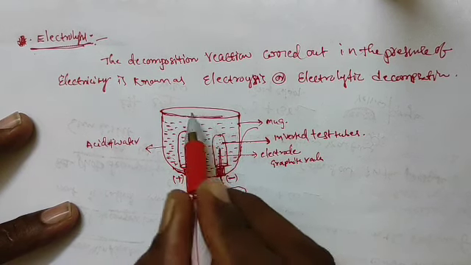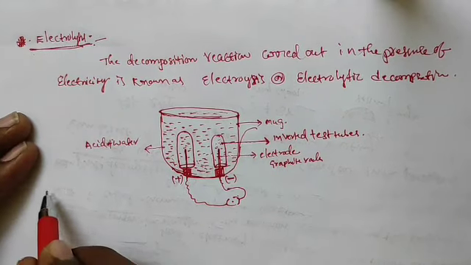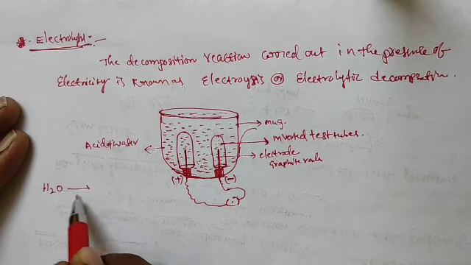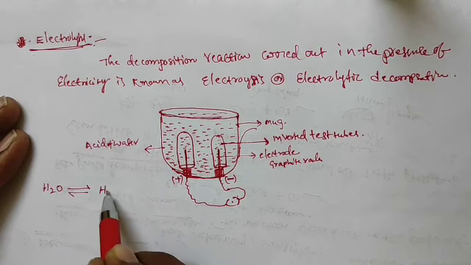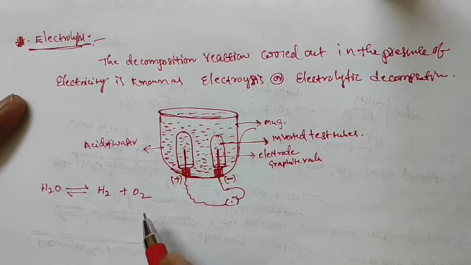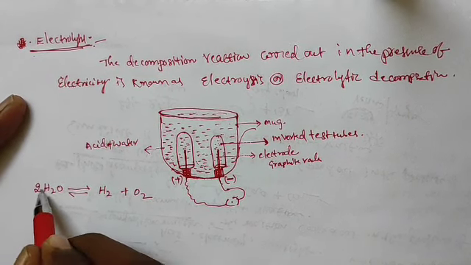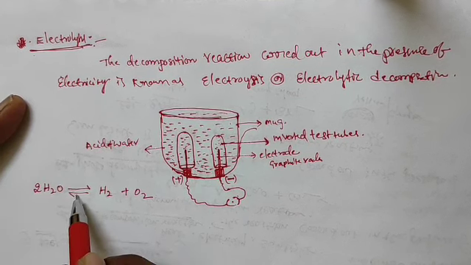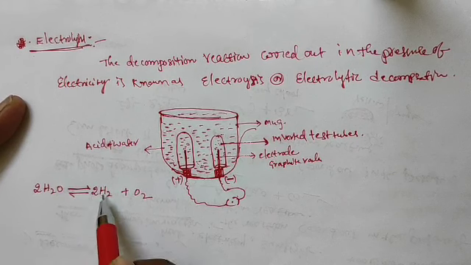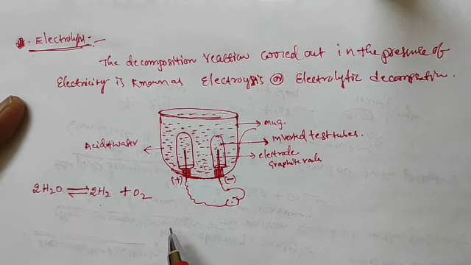That means water decomposes into H2 and O2 gas. Here balance the equation: 2H2O, 2 moles of water molecule decomposes, we will get 2 moles hydrogen gas and 1 mole oxygen gas.